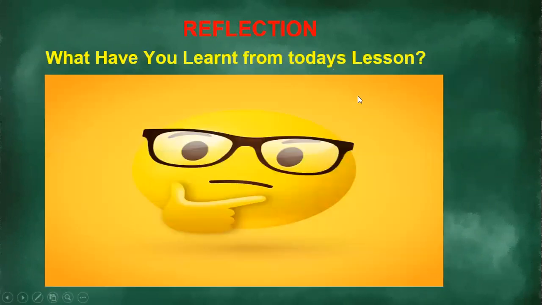Now I want you to tell me what you have learned from today's lesson. And if there are questions, I'll take your questions now. I see Malik wants to say something as well as Amanda.